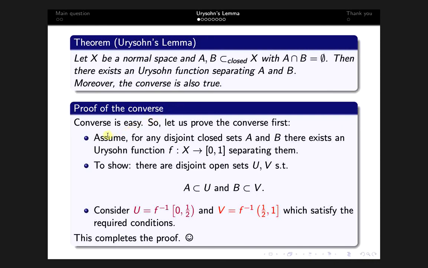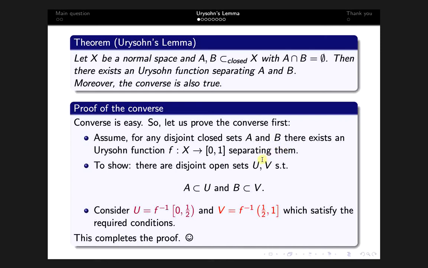As I said, what is the converse part? Our assumption for the converse part is: for any disjoint closed sets A and B, there exists an Urysohn function f from X to the closed interval [0, 1] separating A and B. What to show?